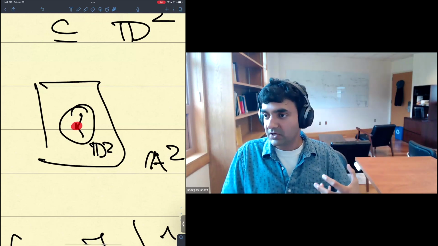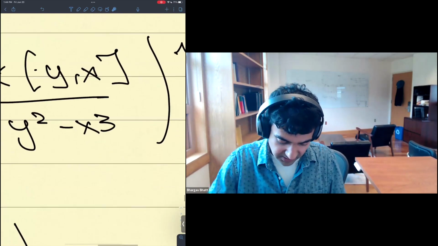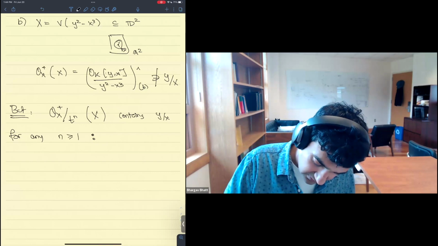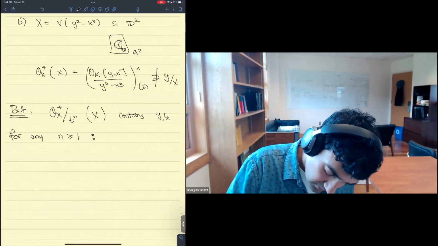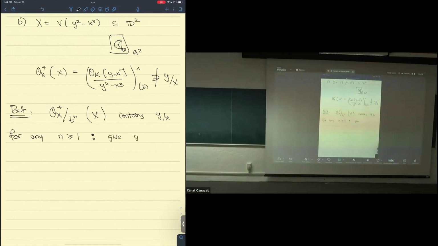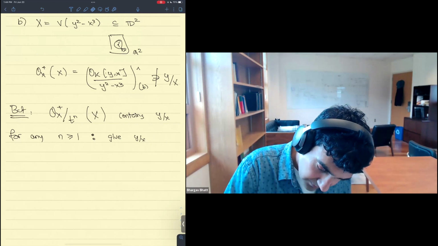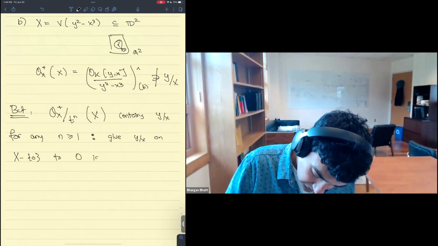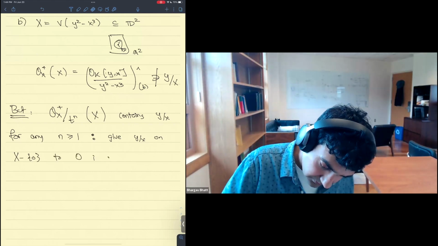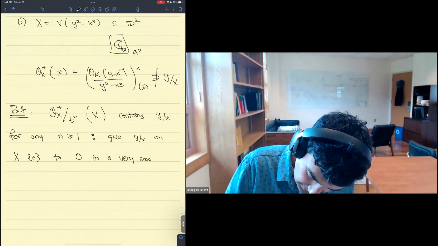And so if you're sufficiently close to 0, the variable's values are sufficiently close to 0, which means it vanishes mod t to the n. So this is just the observation that you glue y over x away from 0 to 0 in a very small neighborhood of 0. And the notion of smallness depends on the integer n.